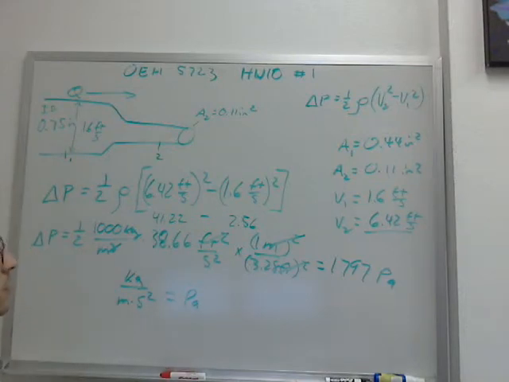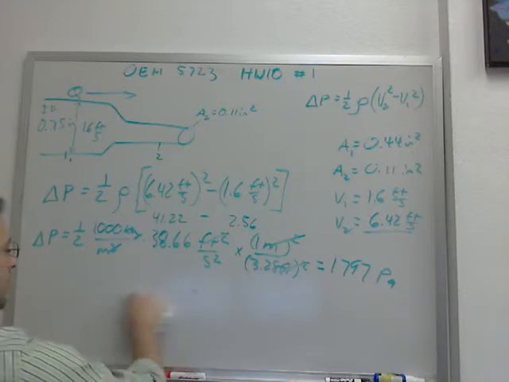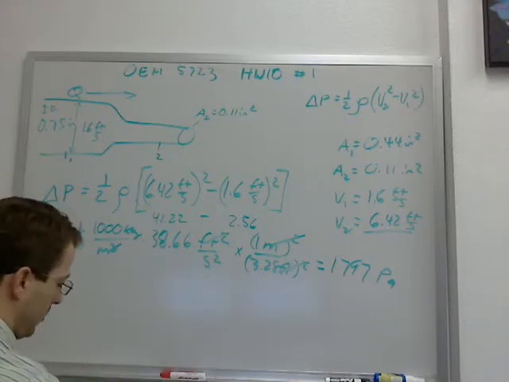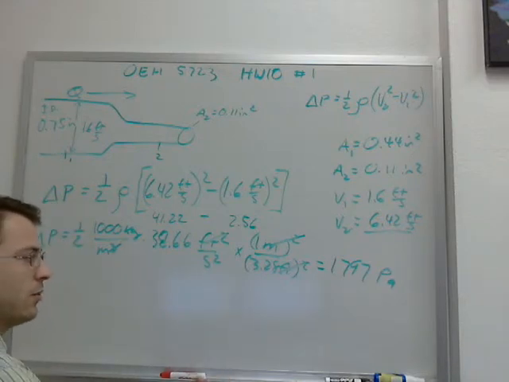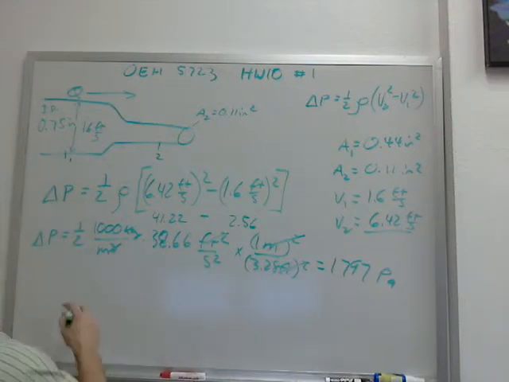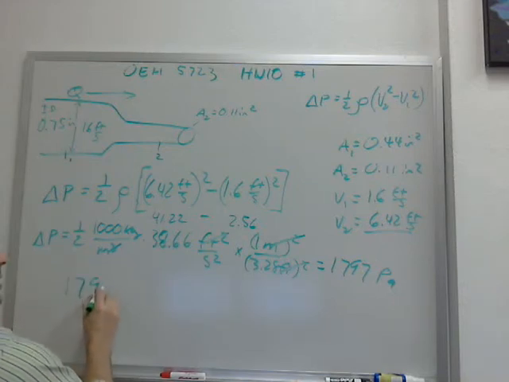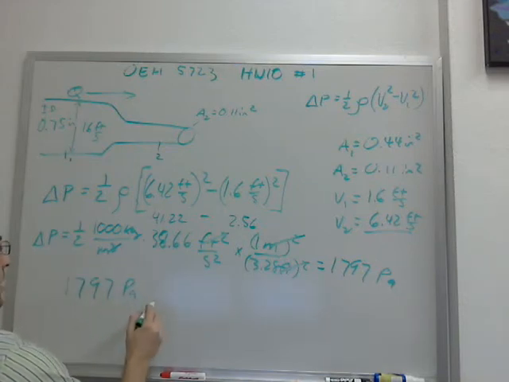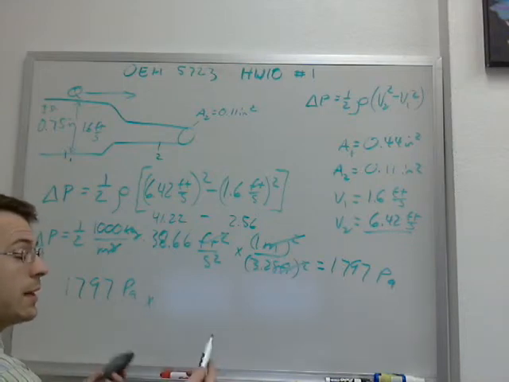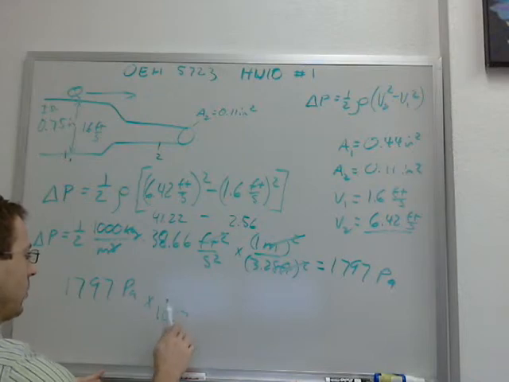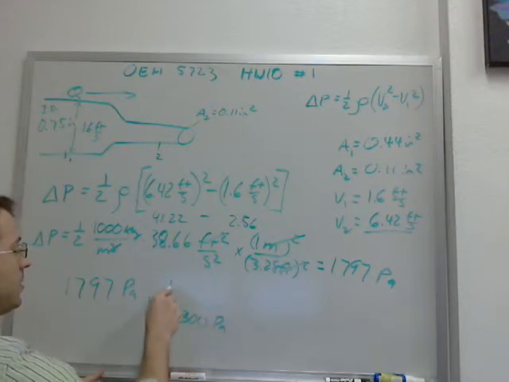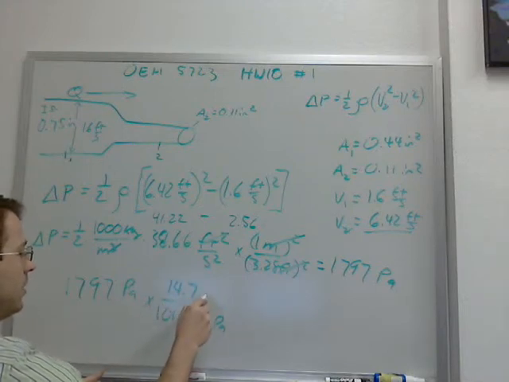All right. So we have 1797 pascals, and we need it in PSI because we're in America and we think in PSIs. We generally don't have a great feel for how much pressure a pascal is. So 1797 pascals, and I happen to know that the atmospheric pressure is 101,300 pascals, and that's also 14.7 psi.